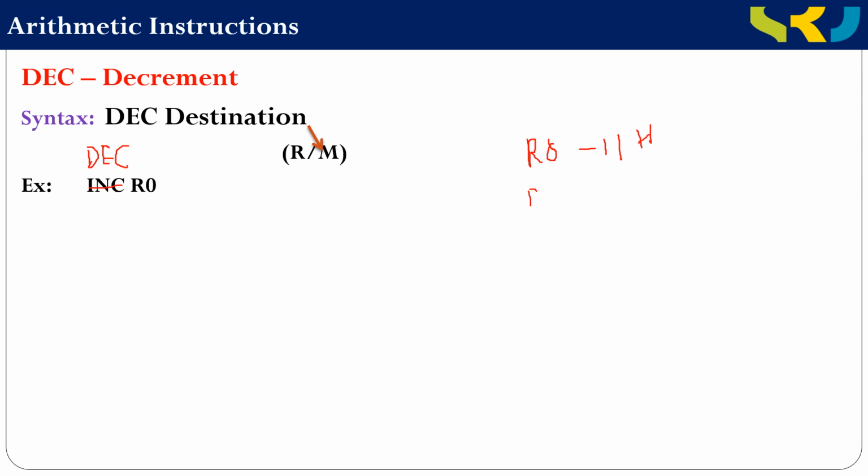After execution of the DEC R0 instruction, the R0 value is decremented by 1. So R0 becomes 10H after execution. So I think you may have understood the decrement instruction operation.